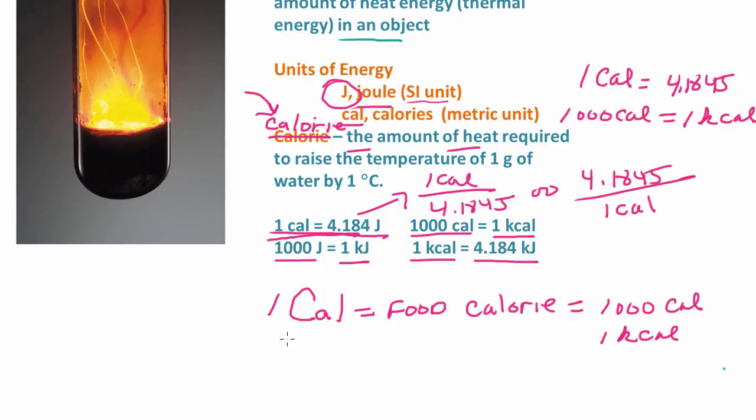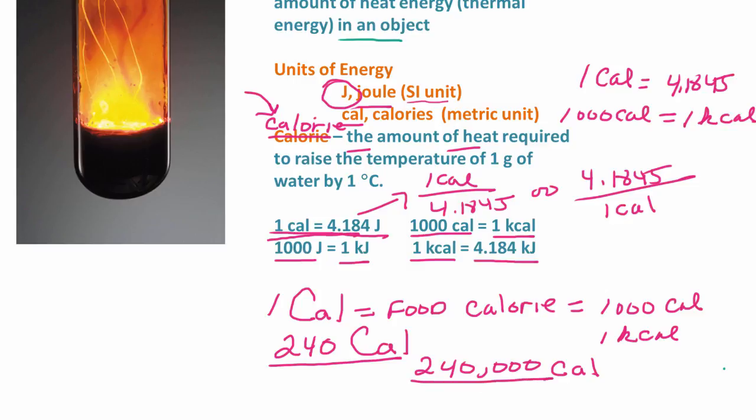So for example, a candy bar that is 240 capital C calories is actually 240,000 calories. So this would be 240 food calories, which is equivalent to 240,000 calories. That's interesting.